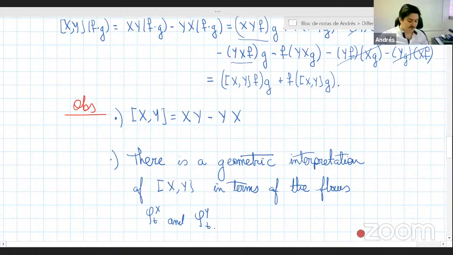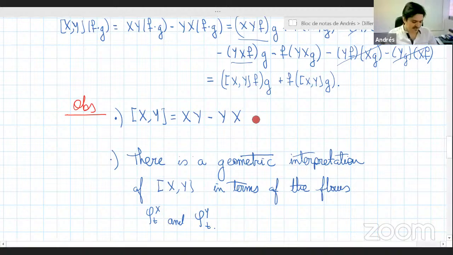But the Lie bracket has some geometric interpretation. It is measuring something. Well, from the point of view of algebra, you know what it measures. The commutator of two elements is 0 when they commute.